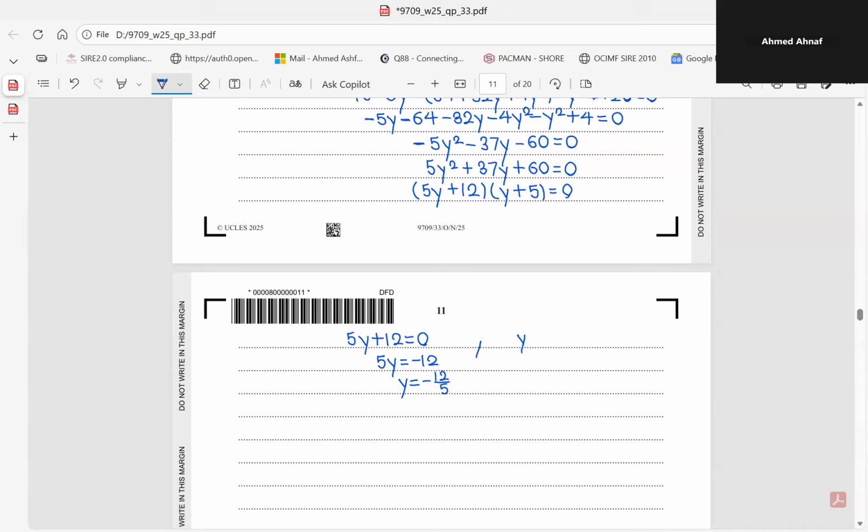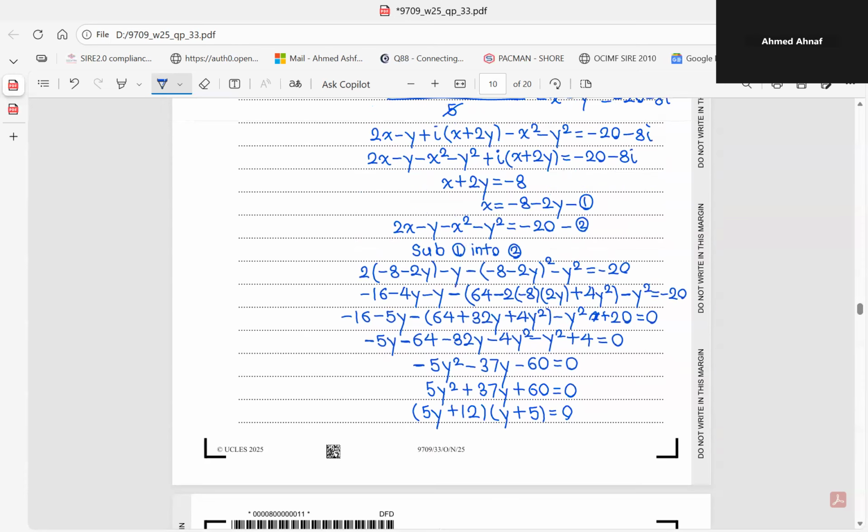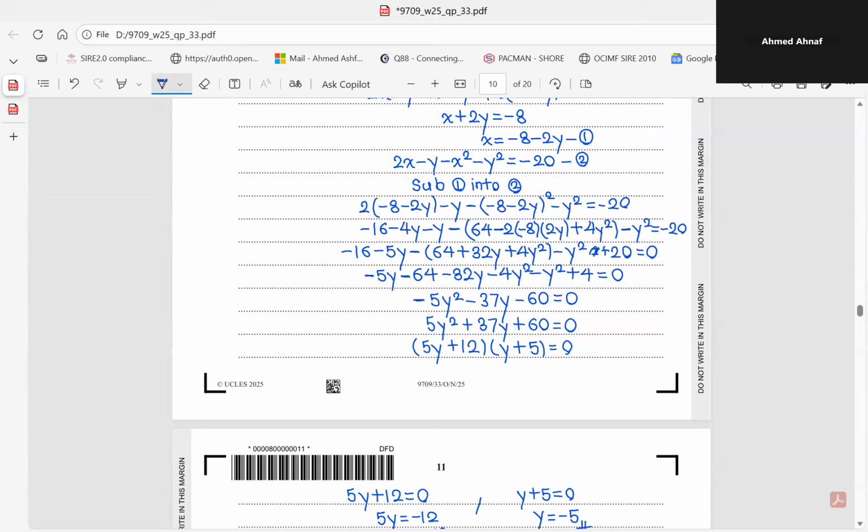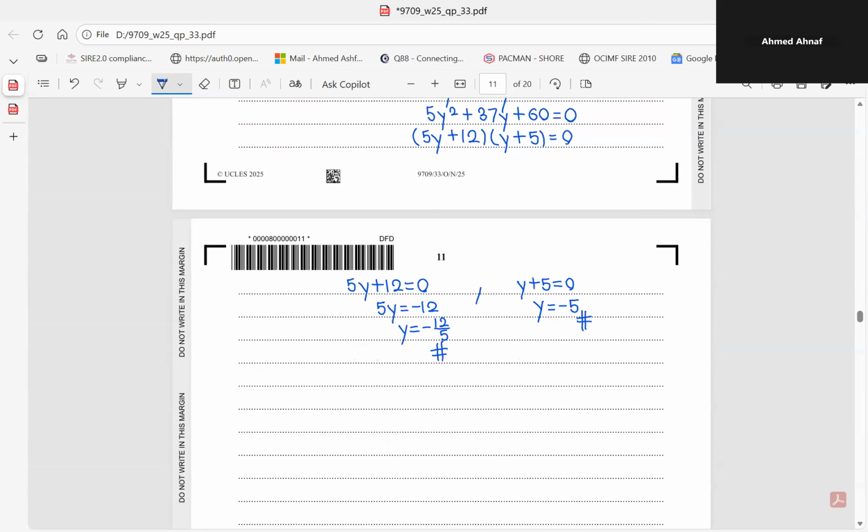The second answer is y plus 5 equals 0, and you get y equals negative 5. So these two are our y's, our imaginary parts. Now we need to find the respective values of x. So we're going to sub these back into equation 1.